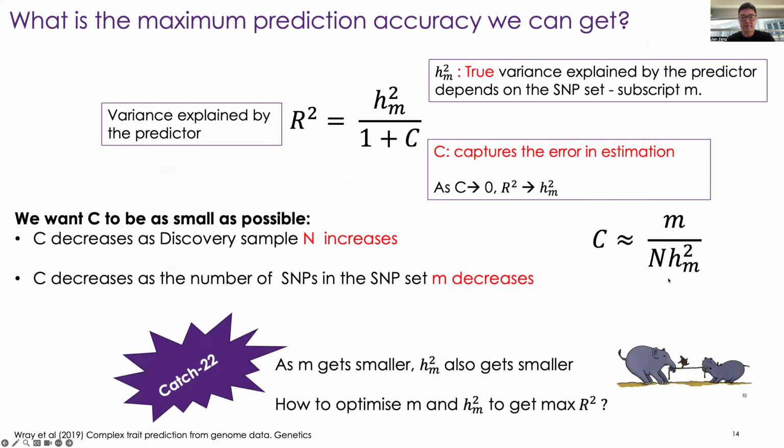When we're using more SNPs, that will increase the heritability captured by the SNP set. But it also increases the estimation error because we are fitting more parameters in the model. On the other hand, when using fewer SNPs, that reduces the noise, but we will miss signals that are not captured by the SNP set.